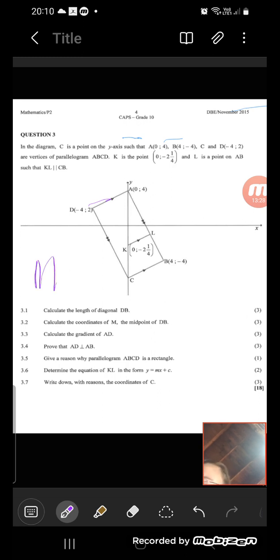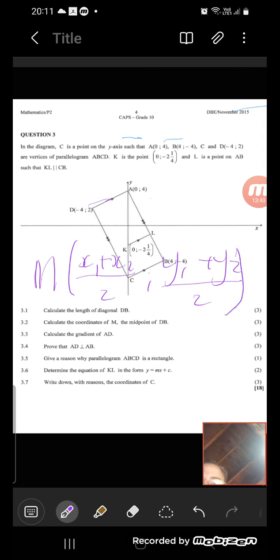M is x1 plus x2 over 2, y1 plus y2 over 2, and it's the points here of B, which is 4, minus 4, and the point of D, minus 4, 2.